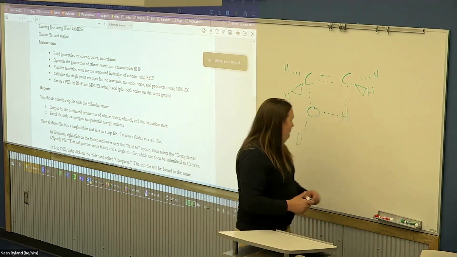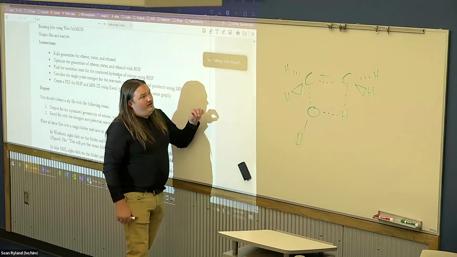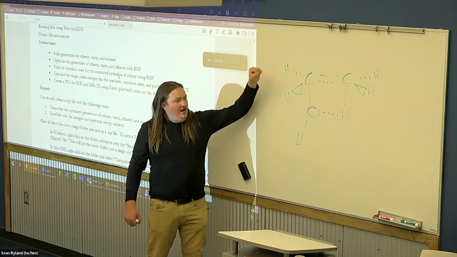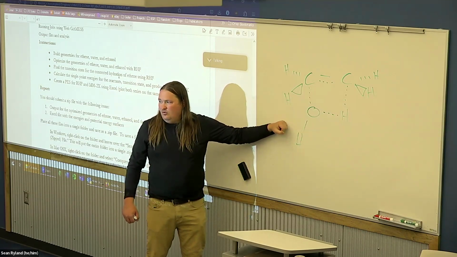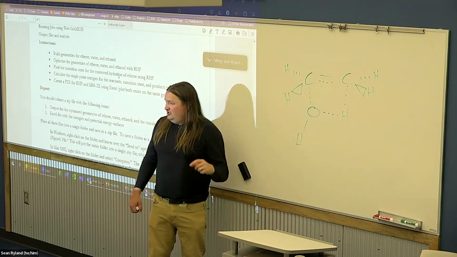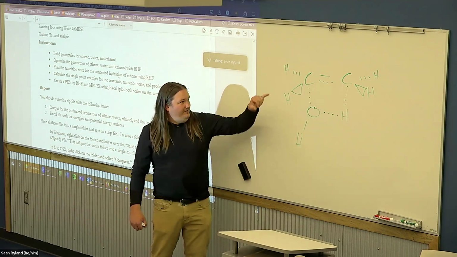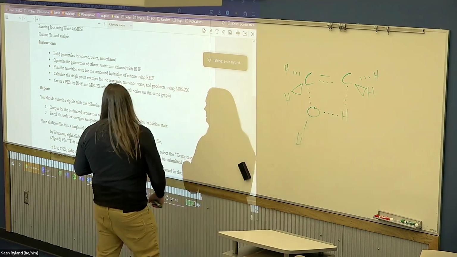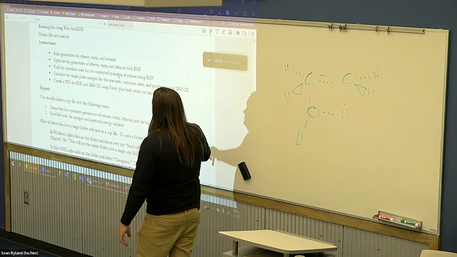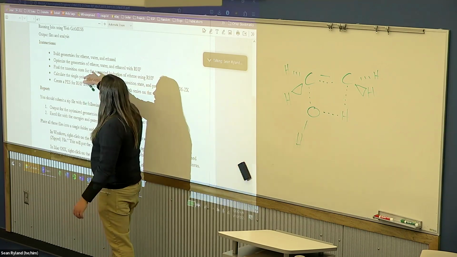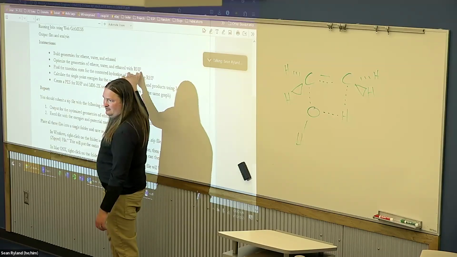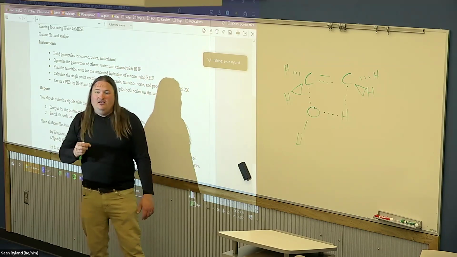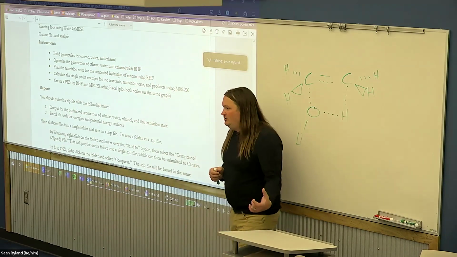Right, so the process: we're going to find the energy of ethene and water separately. We're going to find the energy of ethanol, which is our product. And then we're going to find the energy for this transition state to make a really crude potential energy surface. Those are called single point energies. We're going to optimize the geometries using Hartree-Fock, because it doesn't scale the best, but it's relatively quick, and it's known for giving pretty good geometries.